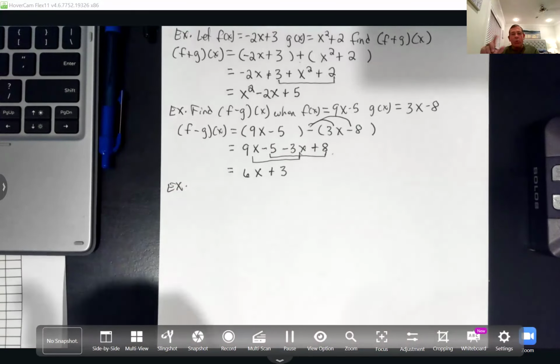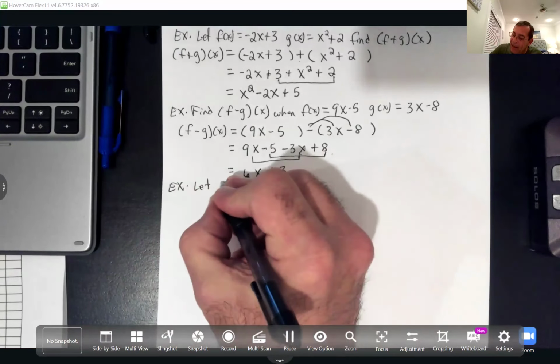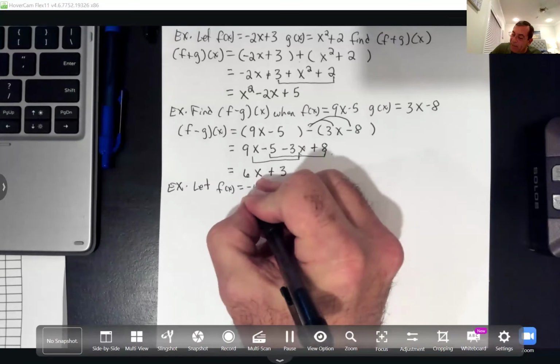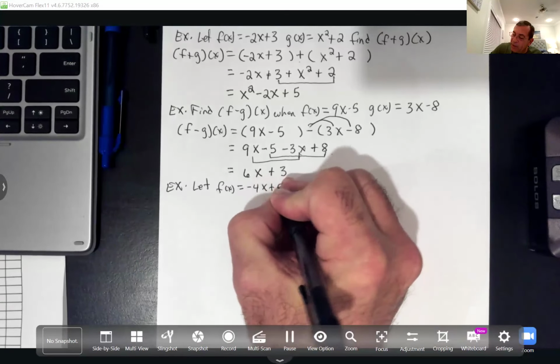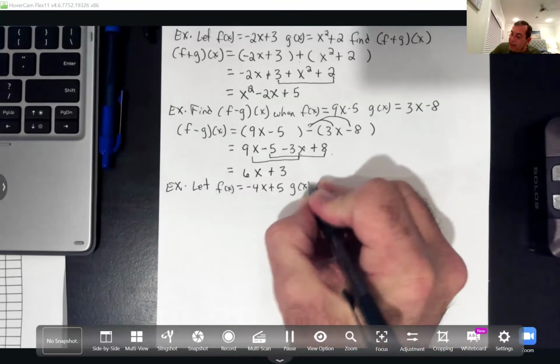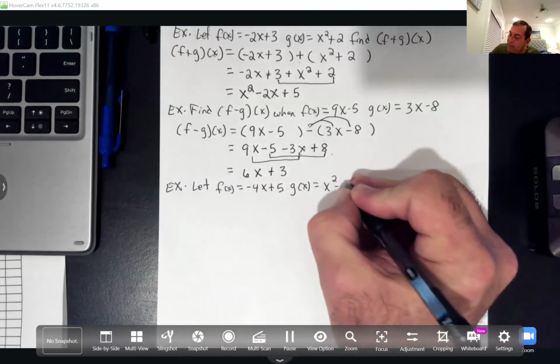So let me throw a twist in this now. What if I let f of x equal a negative 4x plus 5, g of x equal x squared minus 5.